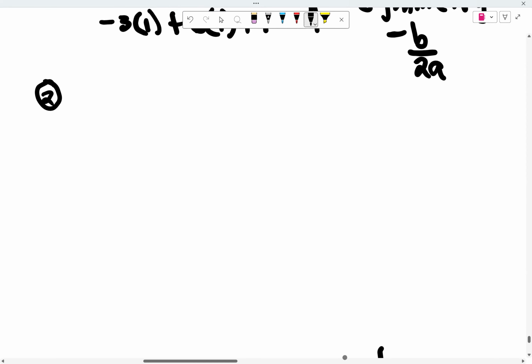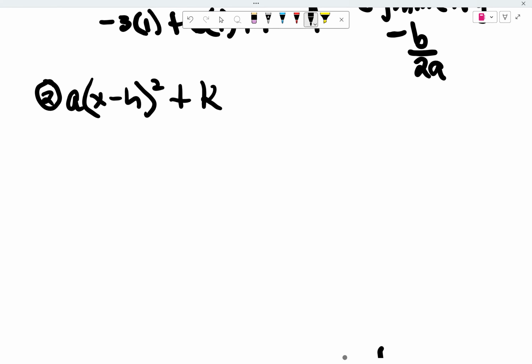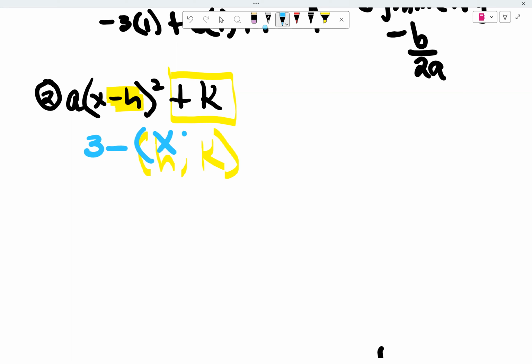And again, if I write you a vertex formula, this is parentheses x minus h squared plus k normally. In the vertex, we're using the opposite sign of the h, and we want the k. So the vertex would be h comma k. For example, let's say I have 3 minus parentheses x plus 4 squared.